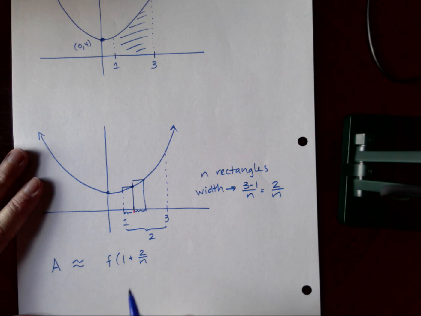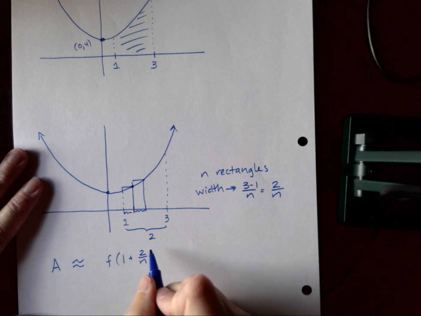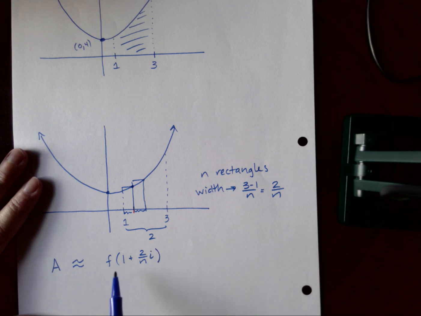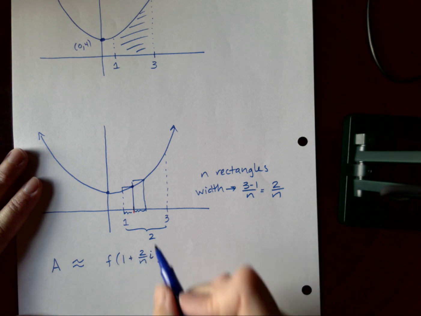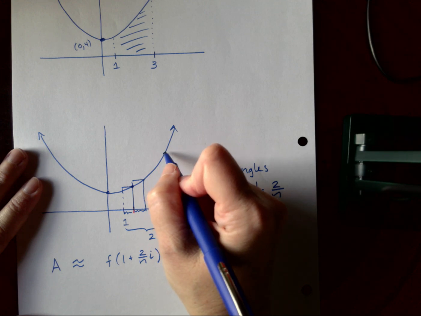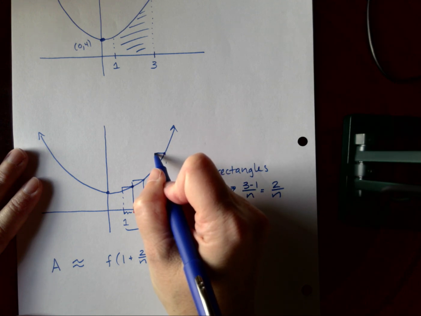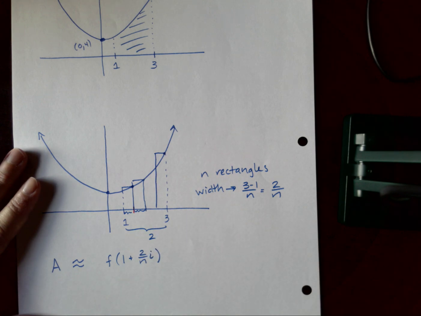Those are hard to say. So what we get for our x values that we're always evaluating is this starting value of 1 plus a certain number of nudges of 2 over n. I is going to run from 1 to 2 to 3 all the way up to n. Notice that when the I value equals n, we'd have cancellation here, and we'd end up with 1 plus 2. So we'd be talking about f of 3, which would be a right-hand corner on our last rectangle.